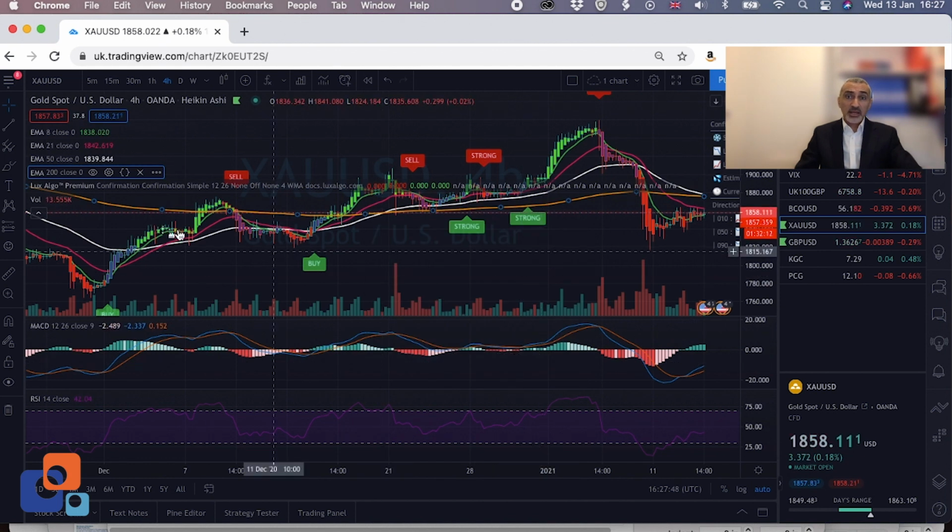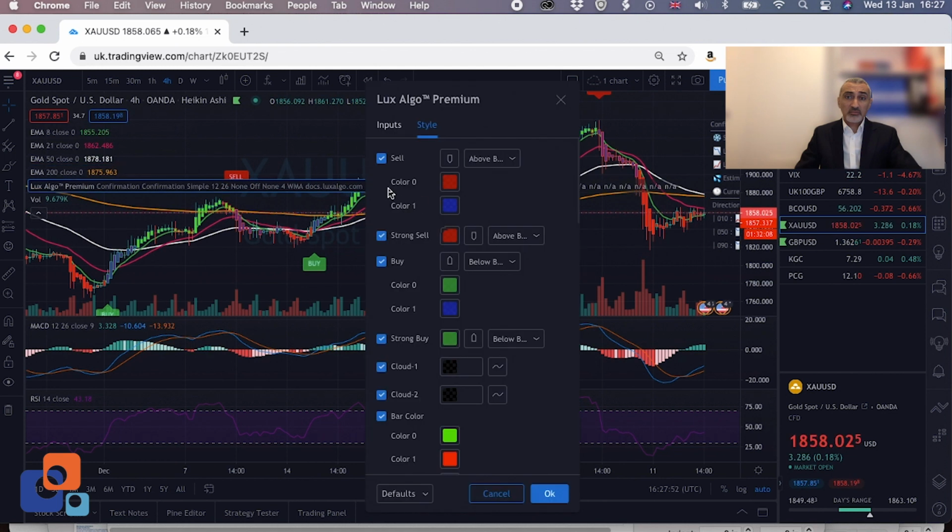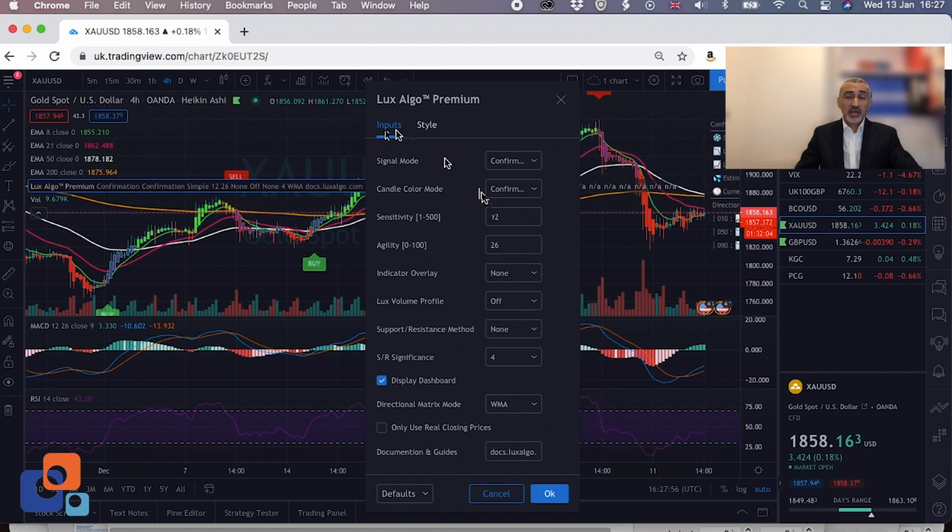Now the Lux Algo indicator, I want to see again, so we'll open that to go to inputs. I want to see the EQ cloud from the indicator overlay. I also want to see all signals from the top.